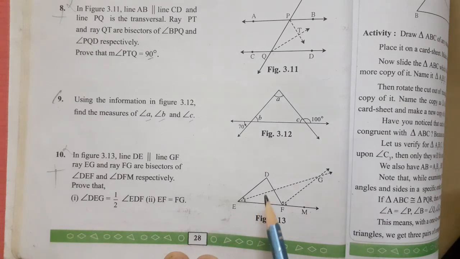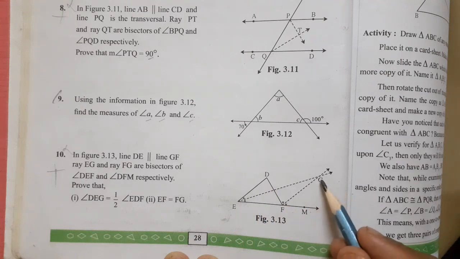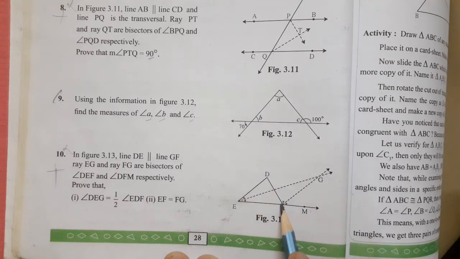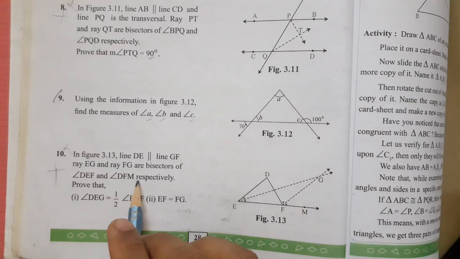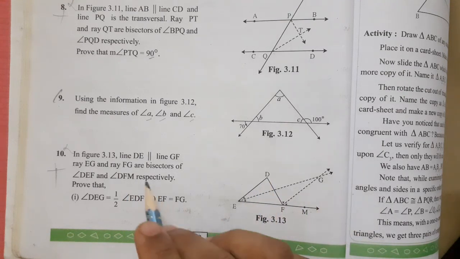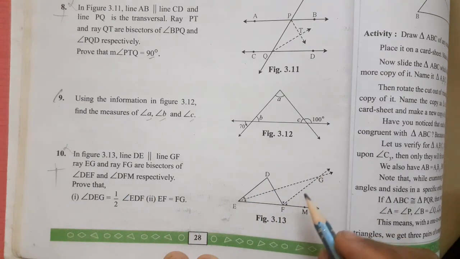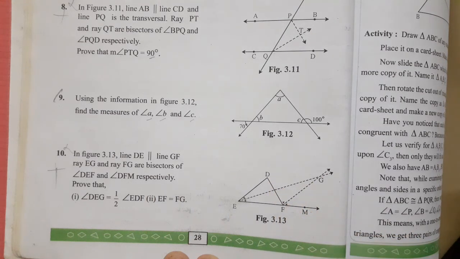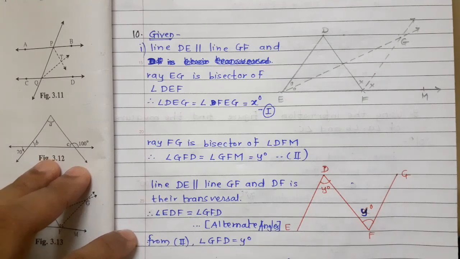Here line DE is parallel to GF, ray EG is bisector of angle DEF and ray FG is bisector of angle DFM. That means due to bisector EG, angle DEF is divided into two equal parts, and due to bisector FG, angle DFM is divided into two equal parts. Now we will see the proof.